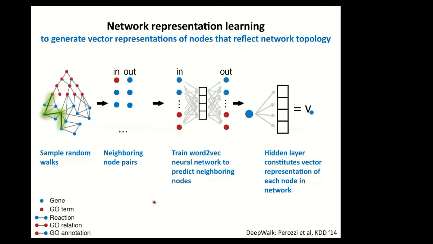This algorithm was developed for social media networks. The novelty is that we apply it to gene regulatory networks, for this specific function of gene function relevance scoring.